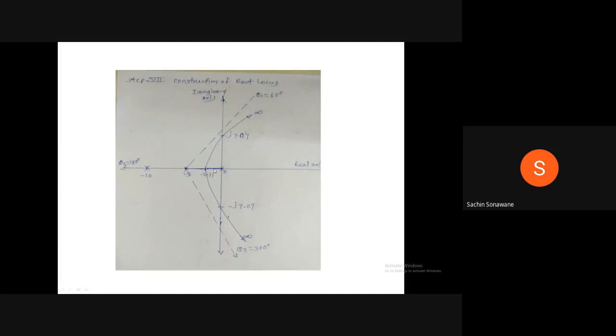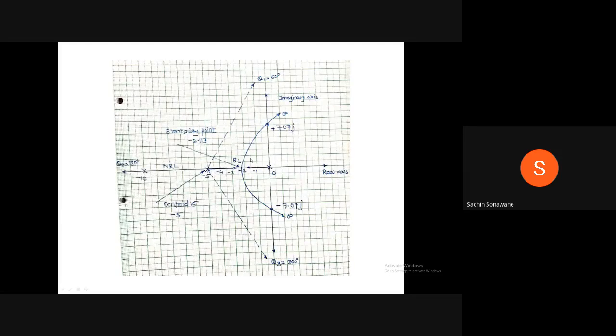While going to -5, it will branch from the breakaway point. And it will intersect the imaginary axis at plus 7.07 j and minus 7.07 j. And again, root locus will start from -10 to minus infinity. Therefore, this is your root locus.